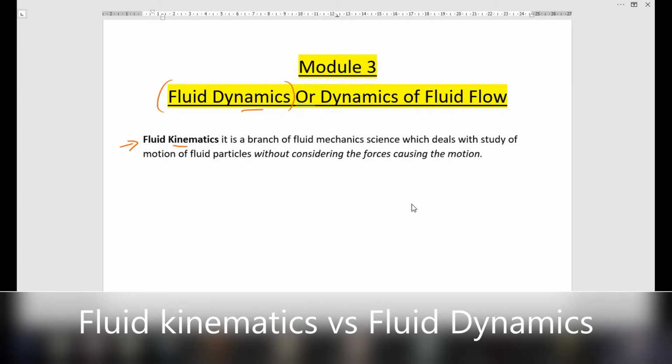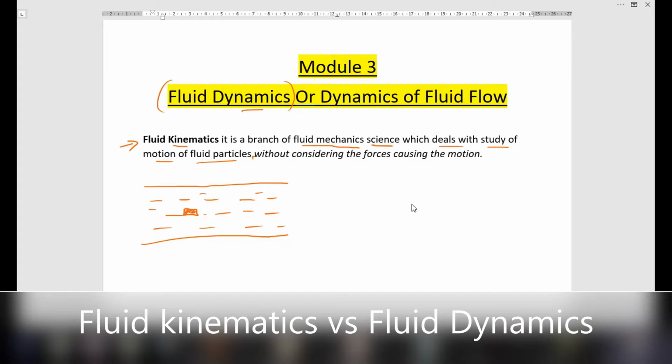Fluid kinematics is a branch of fluid mechanics which deals with the study of motion of fluid particles. So I will consider one pipe, where the fluid is in motion. Let us consider one fluid particle.